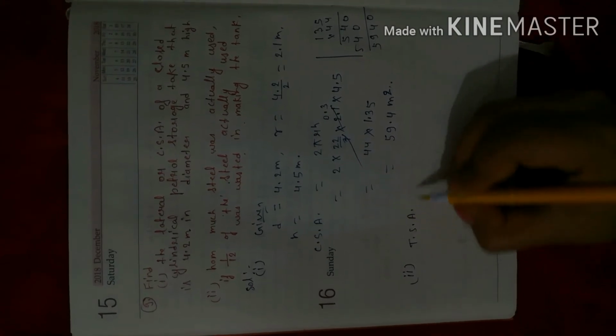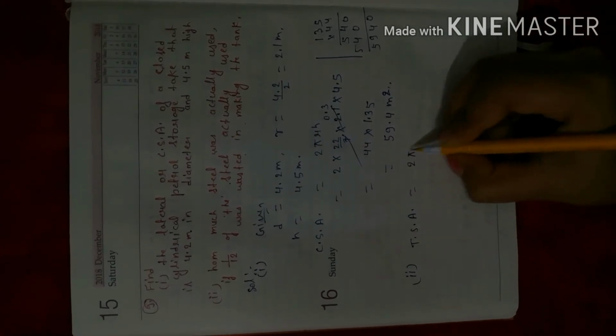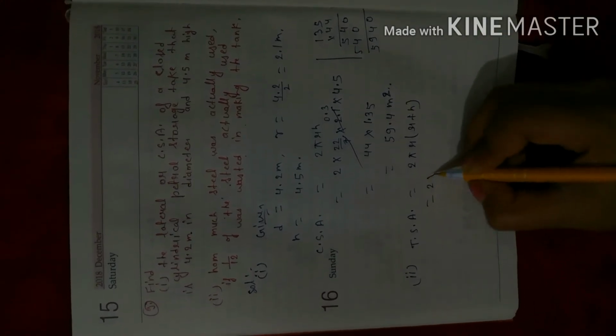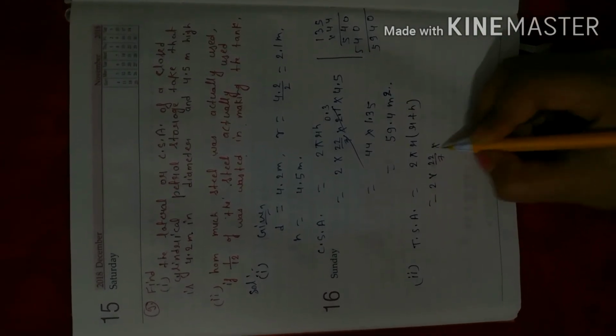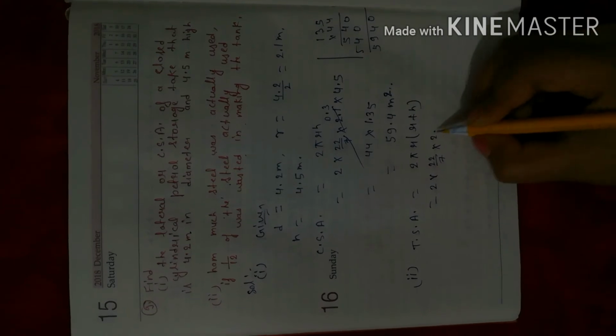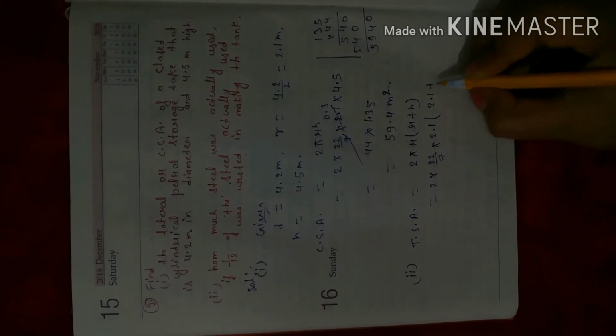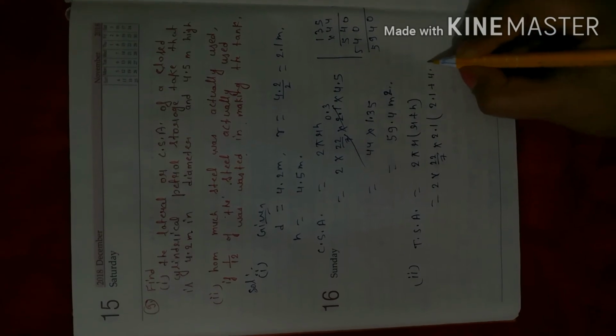So we will find at first TSA. TSA equal to 2 pi R into R plus H. 2 into 22 by 7. At the place of R we can write 2.1 into 2.1 plus 4.5.